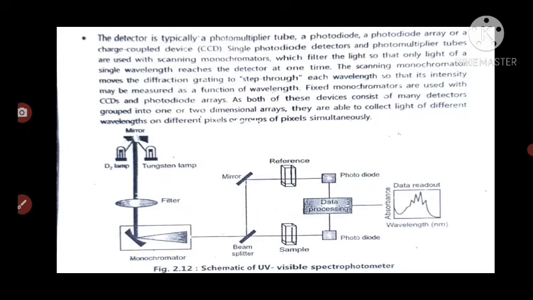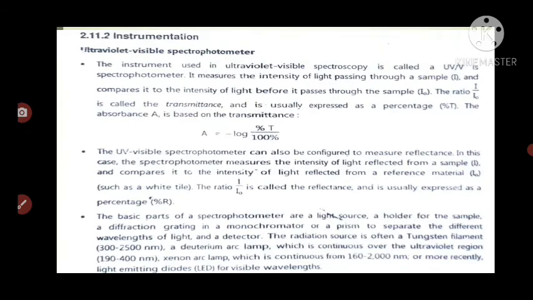Also the xenon arc lamp is used, which is continuous from 160 to 2000 nanometer range of the light passing through it. More recently the source used is the LED, that is the light emitting diode, for the visible wavelength.